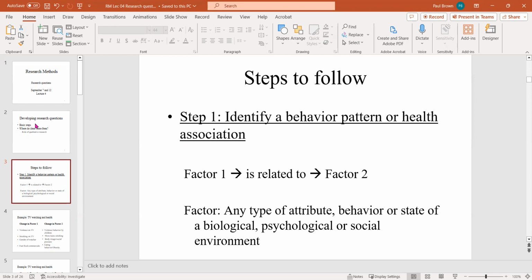So the question is, does rain cause people to bring umbrellas, or do umbrellas cause it to rain? Rain causes people to bring umbrellas.